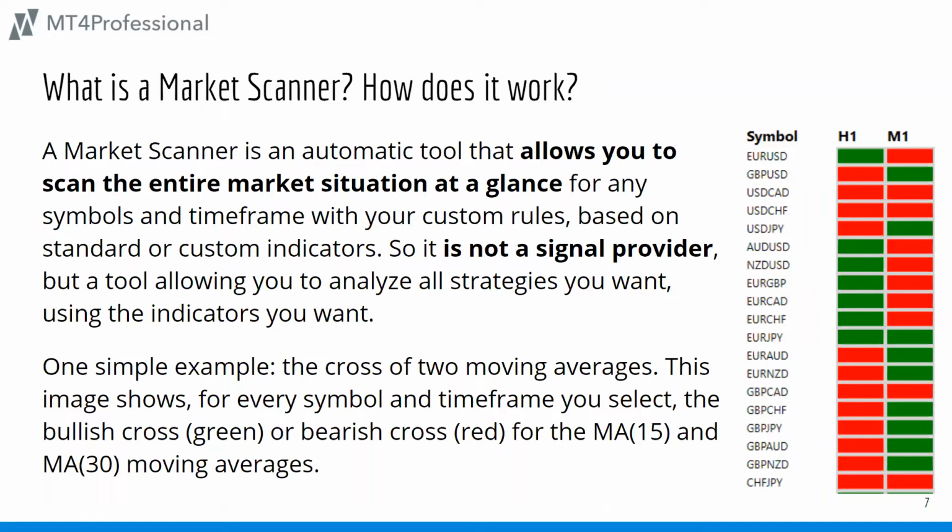So if we say that the bullish cross is green and the bearish cross is red, then a good setup might be like we see over here on the right, where we have all of our different instruments set up, and we have like a spreadsheet table that shows us either bullish or bearish setups based upon this moving average cross to let us know that there's a potential trade setup. Because like this, you can very quickly look through the entire list and scan for potential trade setups.